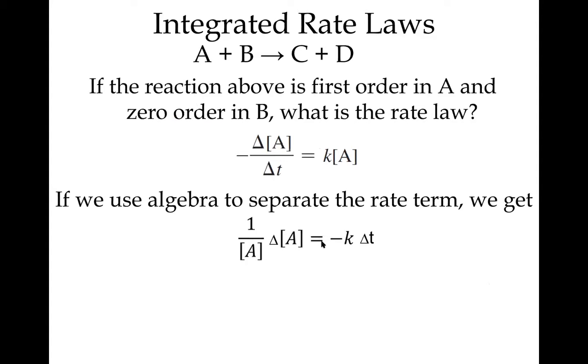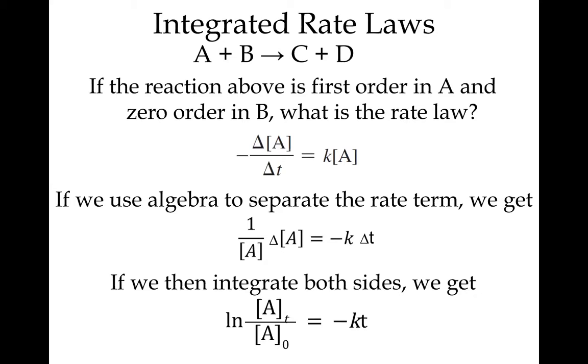We want to get the change in T over here with K, and we want to get the concentration of A over here with the change in concentration. Okay, so if we just use basic algebra, we can rearrange that top equation.